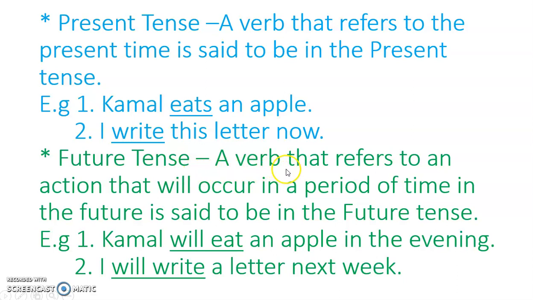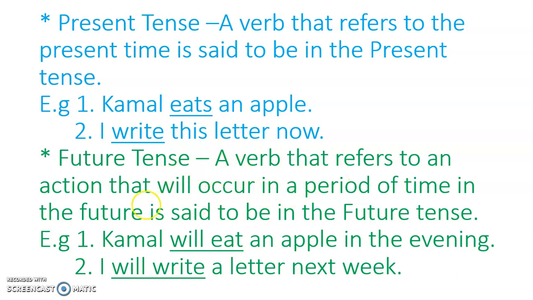Future tense is a verb that refers to an action that will occur in a period of time in the future is said to be in the future tense. Now, what is going to happen tomorrow, next week, next month, next year, after an hour?